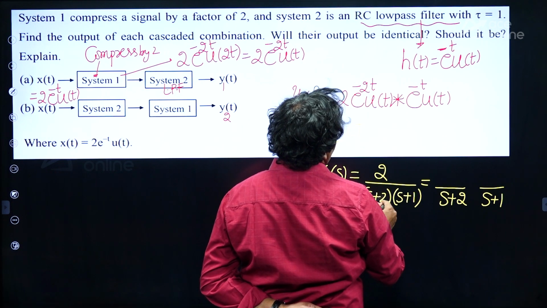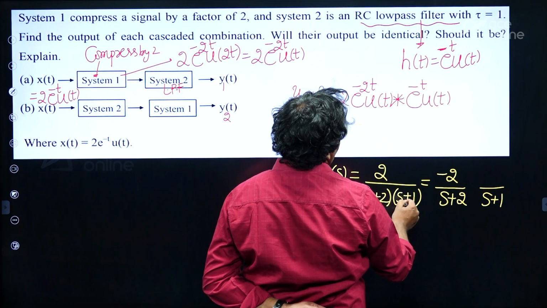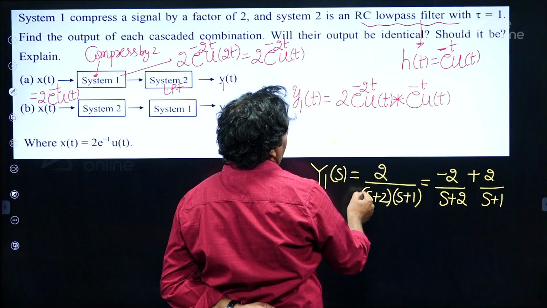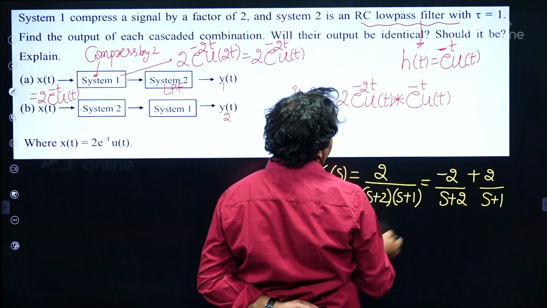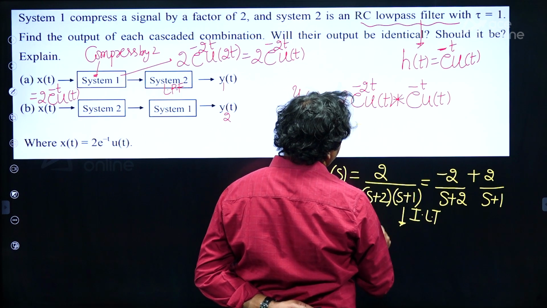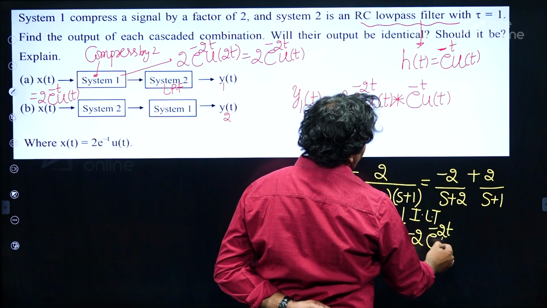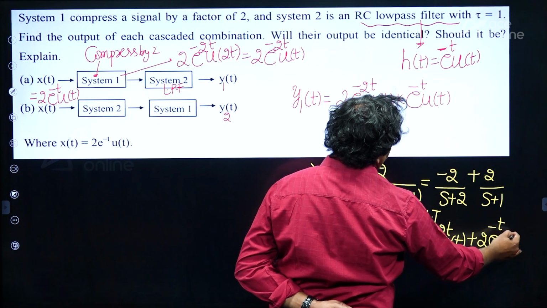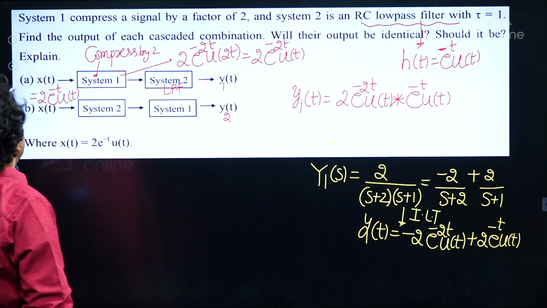The residue at s = -2 will be -2, and the residue at s = -1 will be 2. What is the inverse Laplace of each term? Minus 2e^(-2t)u(t) plus 2e^(-t)u(t). That is the first system output.